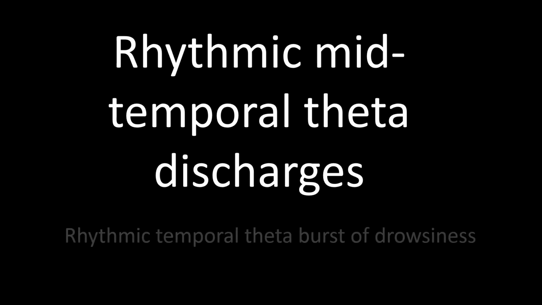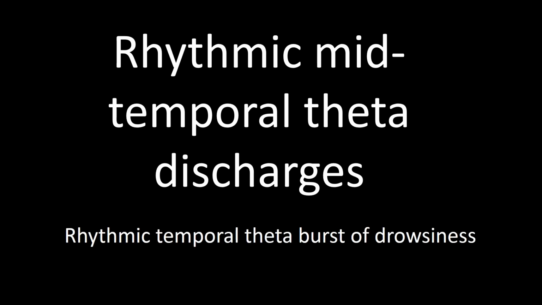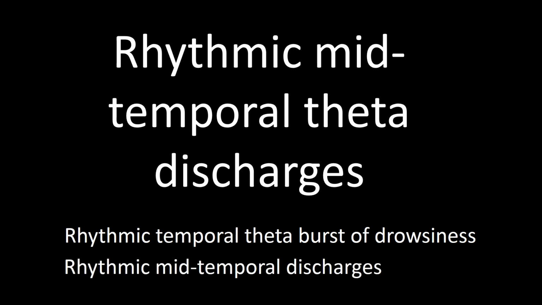Rhythmic mid-temporal theta discharges are also known as rhythmic theta bursts of drowsiness and as rhythmic mid-temporal discharges. They used to be called psychomotor variant. They are no longer called that way.